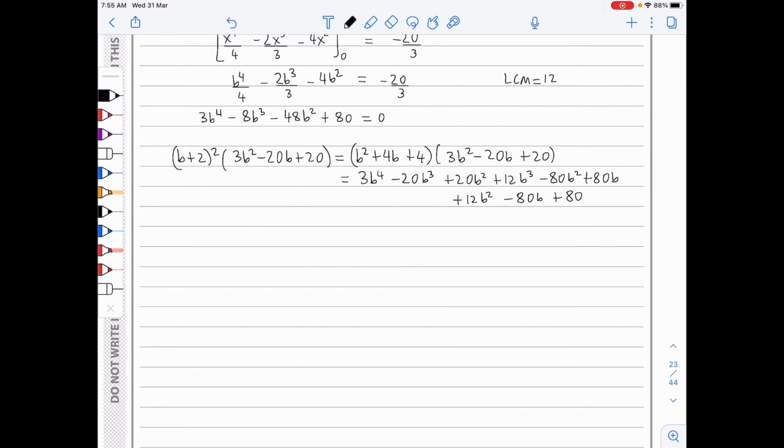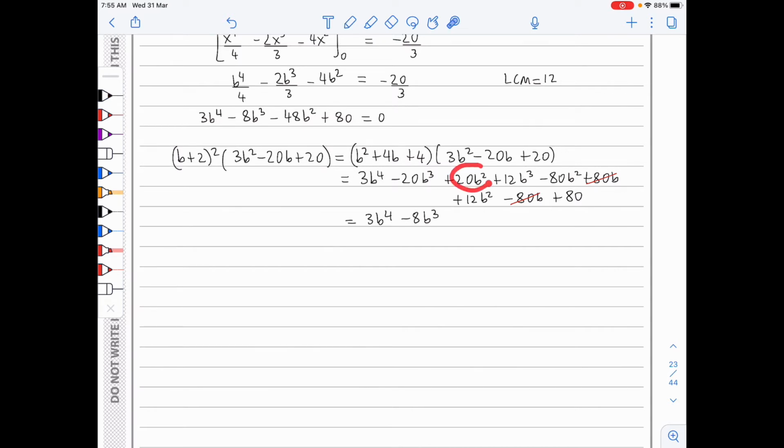I will look for simplifications here. We've got the 80b with the minus 80b. Simplifying all of that, this is giving me 3b to the power of 4. Looking at the b cubed terms, it's minus 20 plus 12, which is minus 8b cubed.